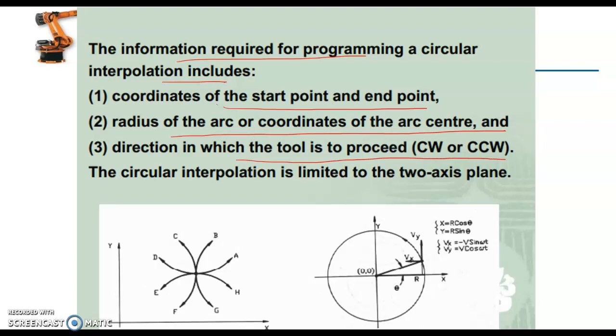That is, whether it is in clockwise direction or counterclockwise direction. So in this picture, you can see the governing equations for x and y coordinates of each and every point, and the velocities are computed using this relation.